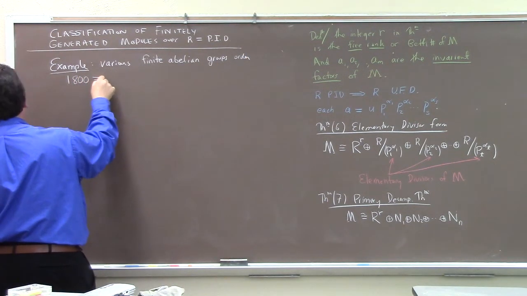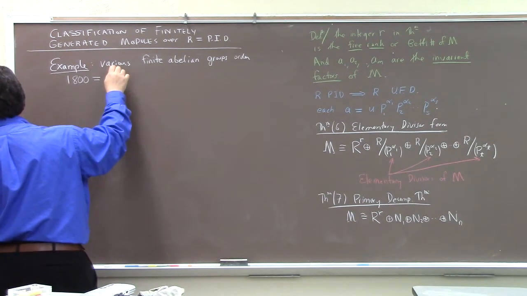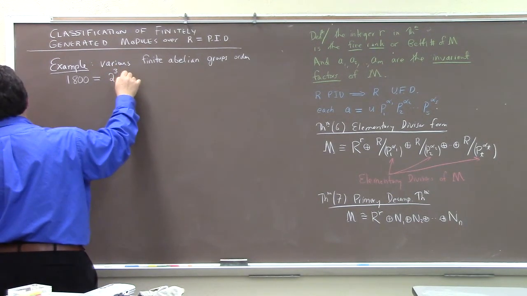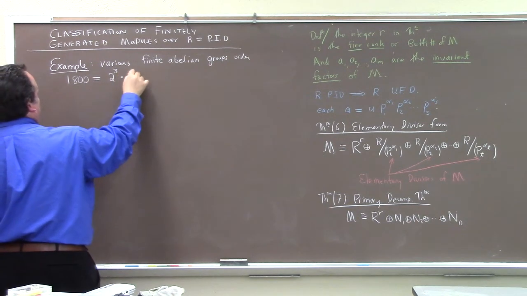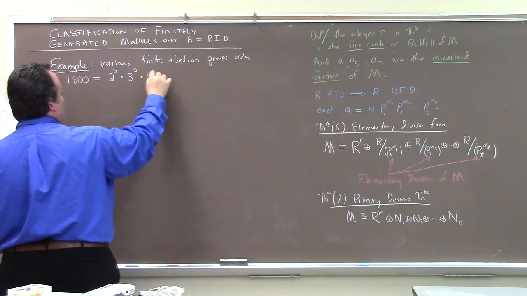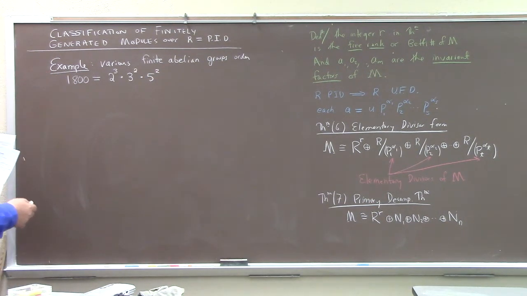Now 1800 is, let's see here, what is it? I say 2 cubed times 3 squared times 5 squared. See if I believe that or not. 25 times 27 times 8, 5,400.